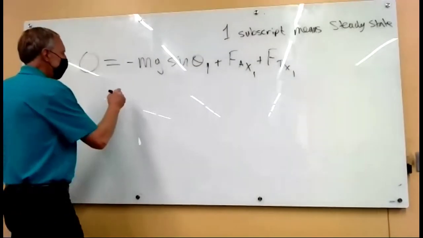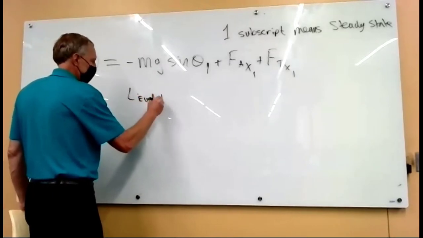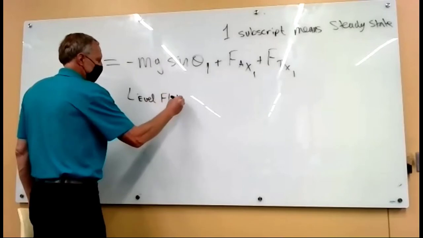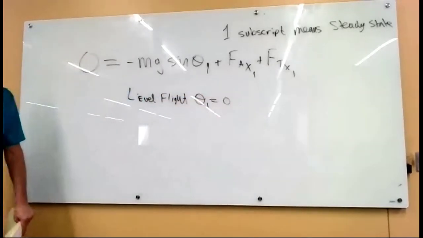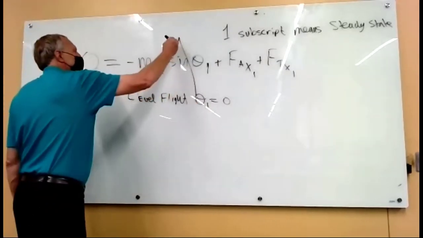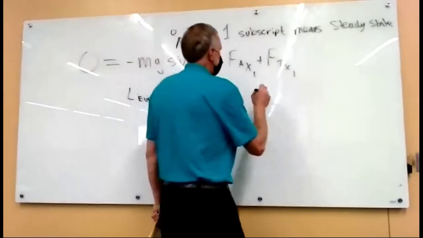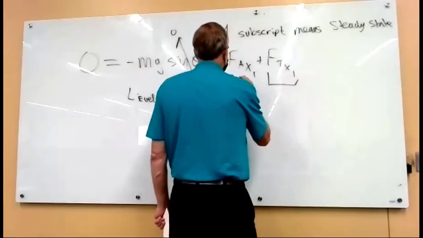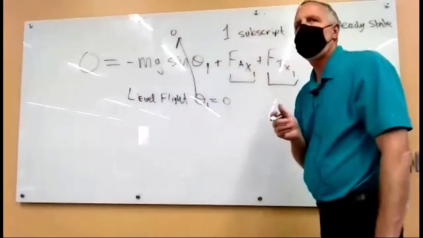Okay, so now let's specialize this to level flight, which means we're not climbing or diving, so the pitch angle is 0. Right? So this term is knocked out. This says the thrust plus the aerodynamic X force has to be equal to 0.